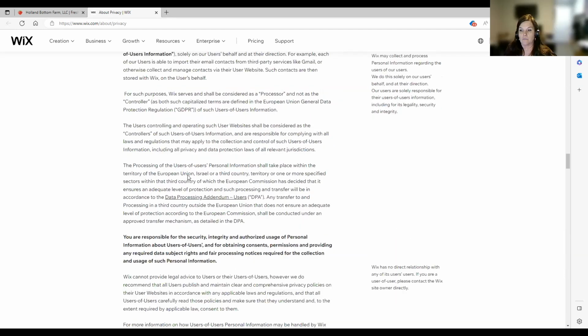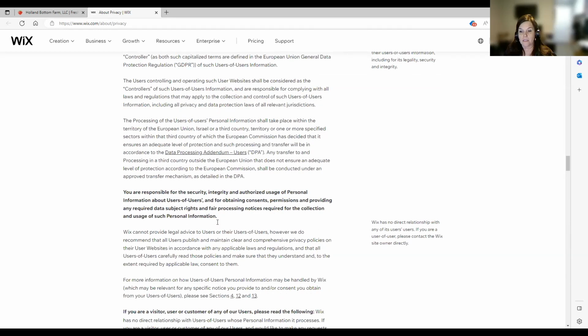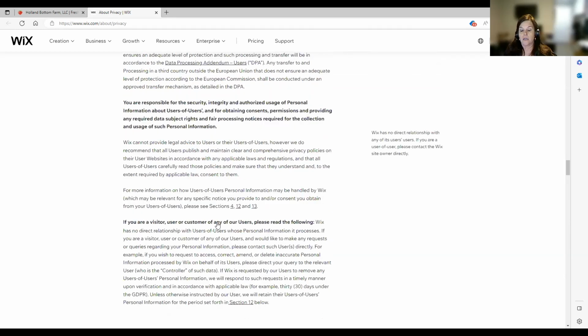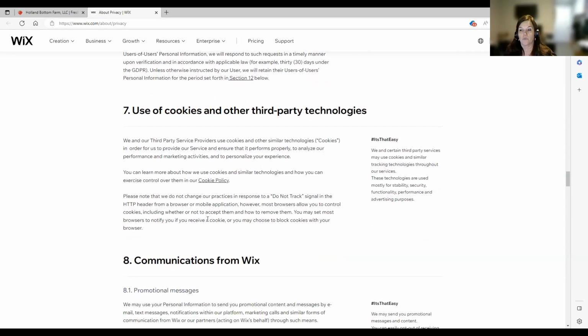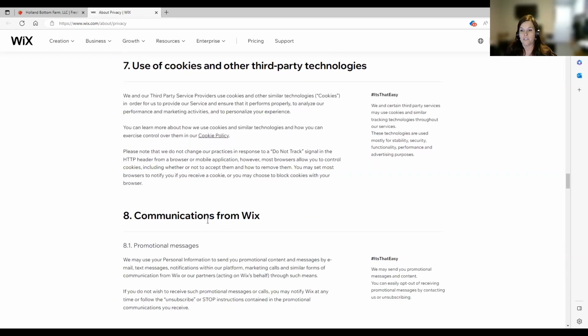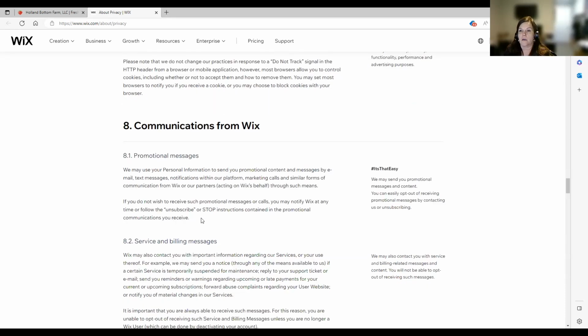They break that out and tell how that is collected and used. They talk about the use of cookies and other third-party technologies. Through their cookie policy, they state, please note that we do not change our practices in response to a do not track signal. However, most browsers allow you to control what cookies are being used.